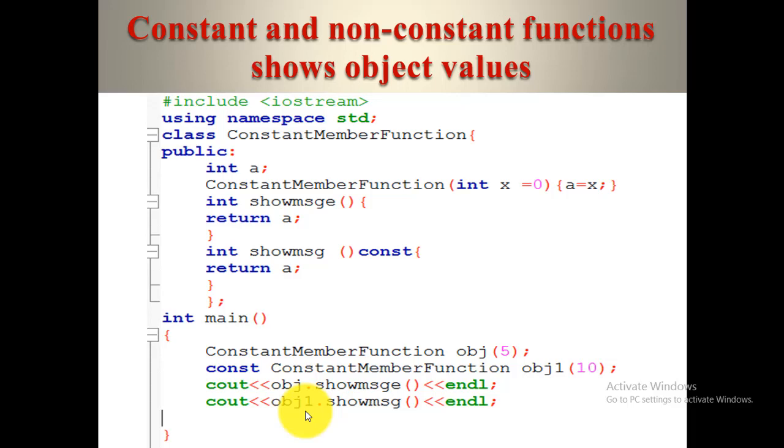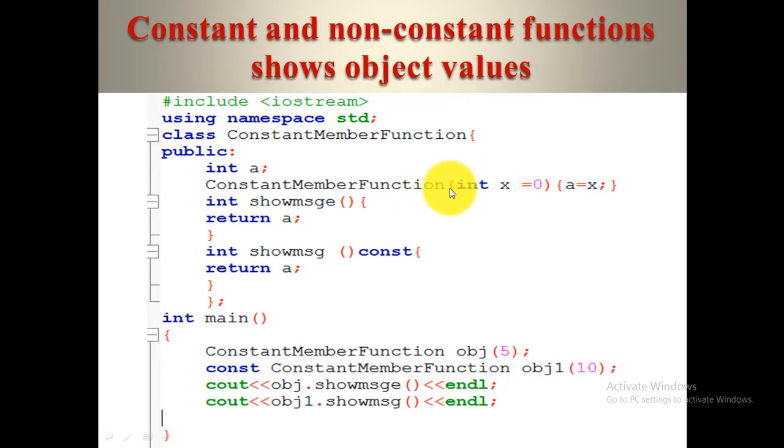So here is the first example. Let's understand it with an example. We first created a class with the name constant member function, and in the public access specifier we created a public member int a. After that we created a constructor in which we define one parameter.